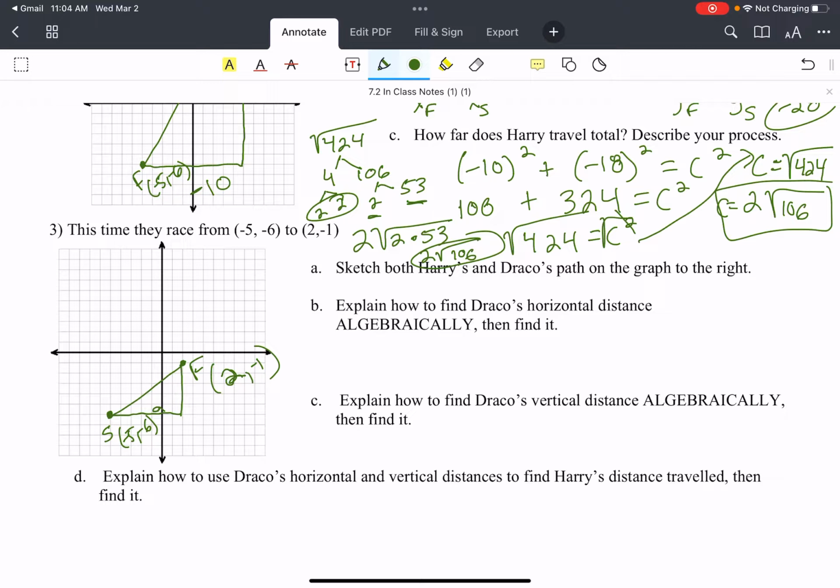Now to get that, I would do X finish minus X start. Is that fair? So if I have A squared plus B squared equals C squared, another way I can write that for this one is X finish minus X start squared. So you can ignore the instructions on these. I'm just trying to show you. So that's how I got this A squared, is by doing X finish minus X start.